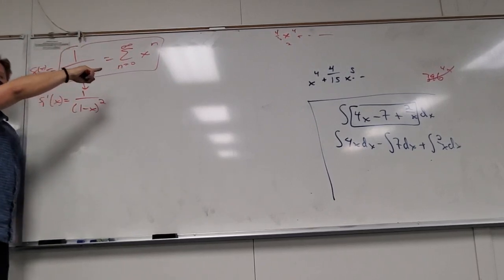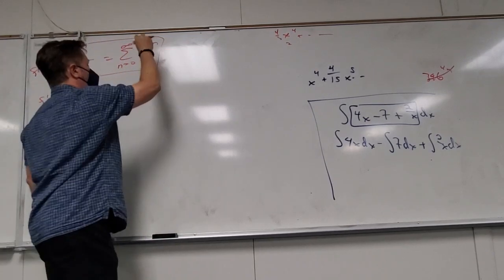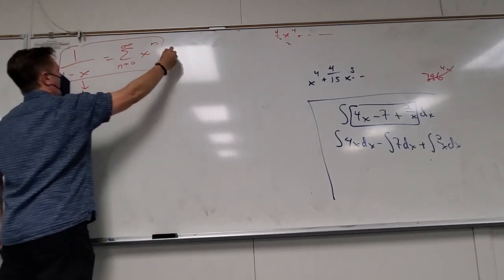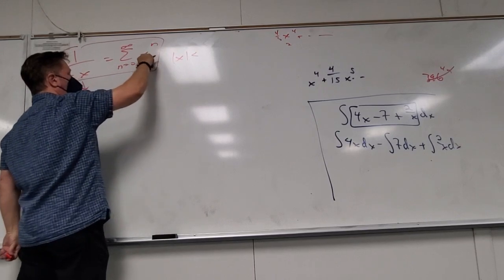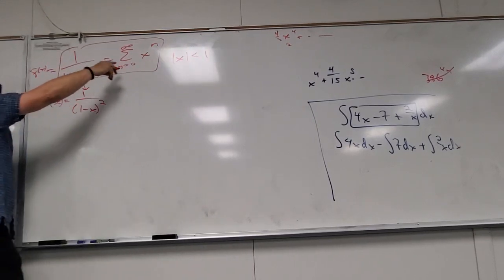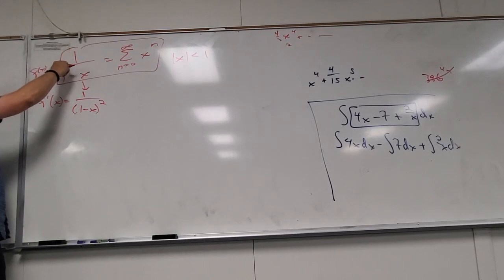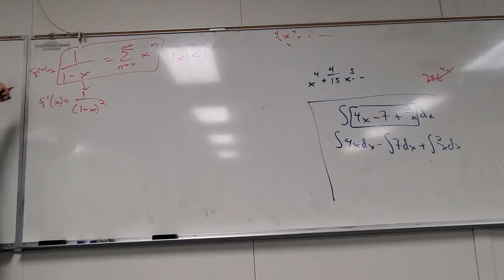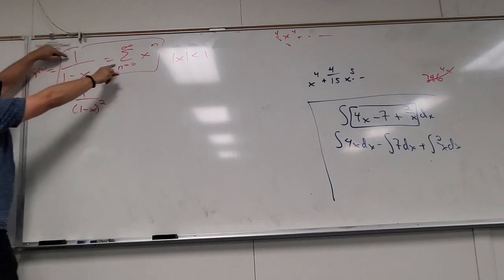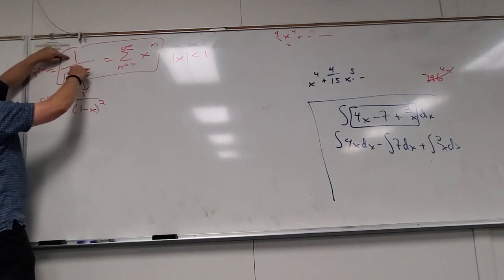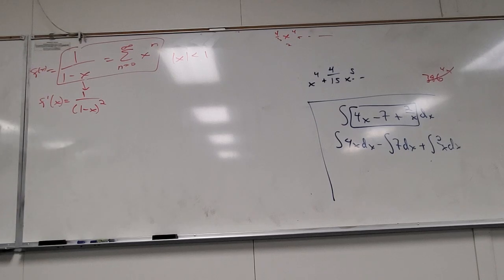We knew that if I had a geometric series and the r was less than 1, that it would be a over 1 minus r, right? If I put an x in place of r, I suddenly get a function. So there's our first power series representation of a function. We kind of backed into it.